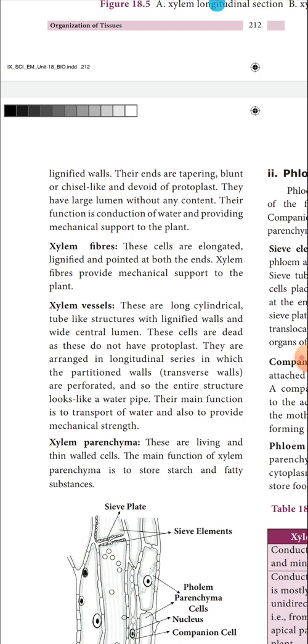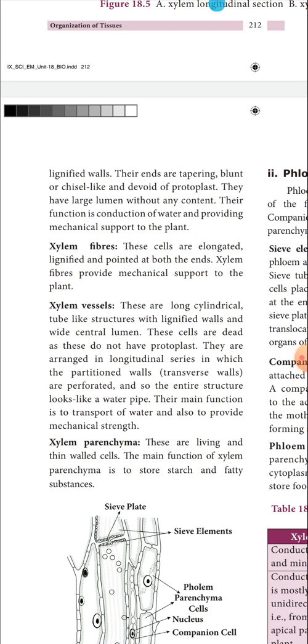Next, let's see about xylem parenchyma. These are living and thin walled cells. The main function of the xylem parenchyma is to store starch and fatty substance. Children, the only living cells of the xylem is what? Xylem parenchyma. And its function?